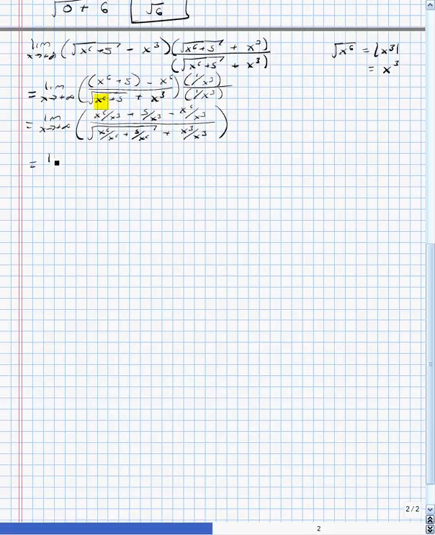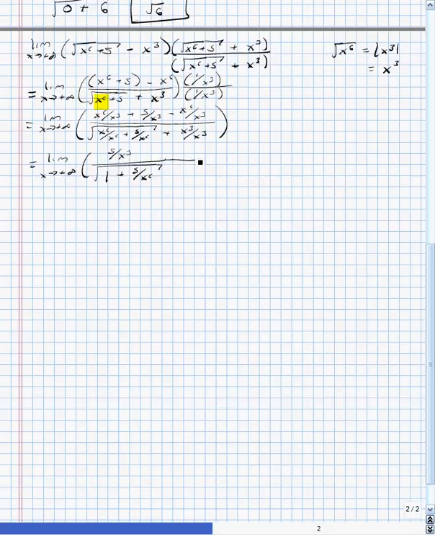We can simplify that now to the limit as x approaches positive infinity of the x to the sixth over x to the third minus x to the sixth over x to the third, which are going to cancel each other out. So all we're left with is 5 over x to the third over the square root of x to the sixth over x to the sixth, which is just 1, plus 5 over x to the sixth.